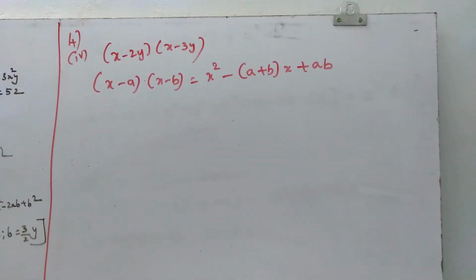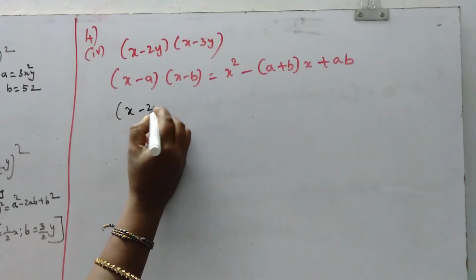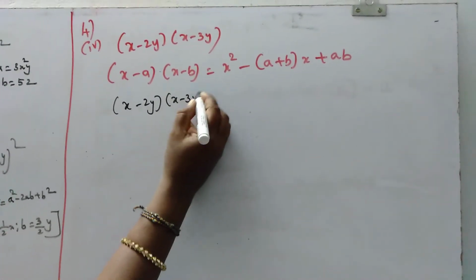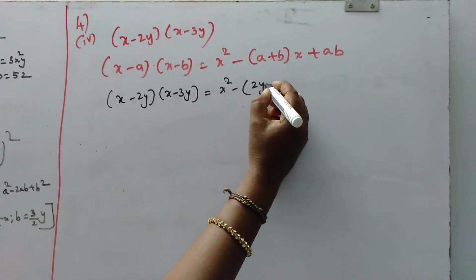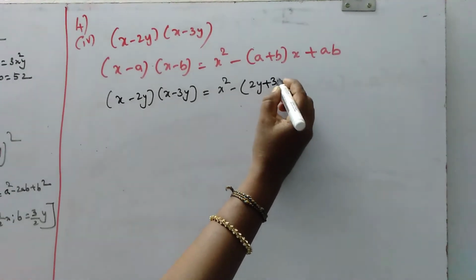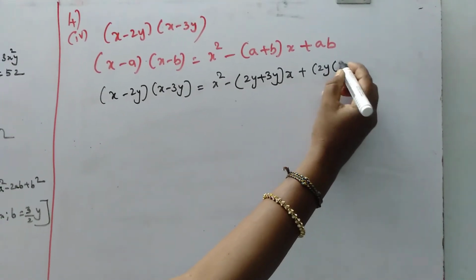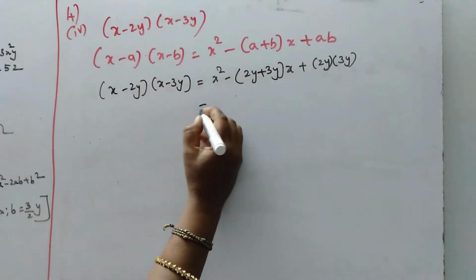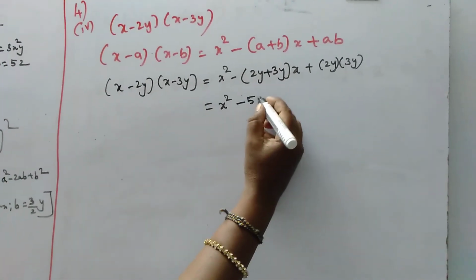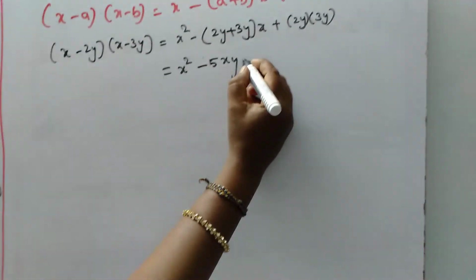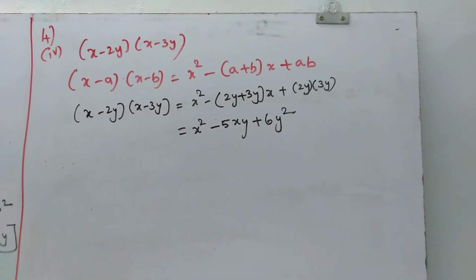So this can be written as x minus 2y into x minus 3y equals x square minus a plus b into x plus ab, that is a here is 2y and b here is 3y. So which is equal to x square, 2 plus 3 is 5, minus 5xy, here x already there. Then plus 2 3s are 6y square.